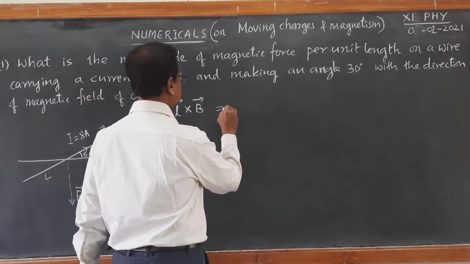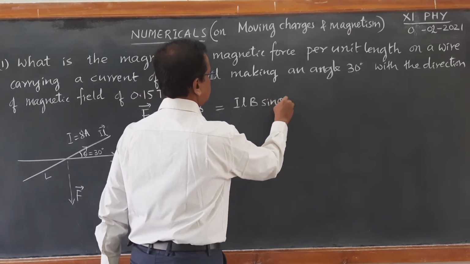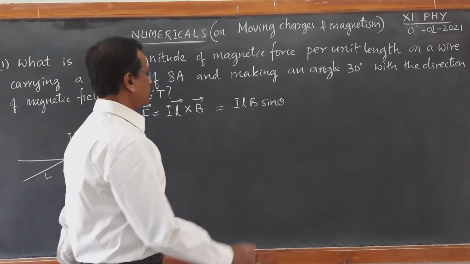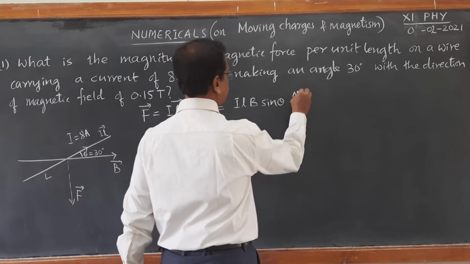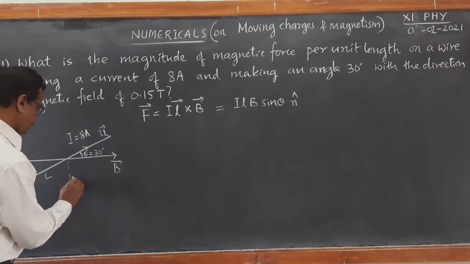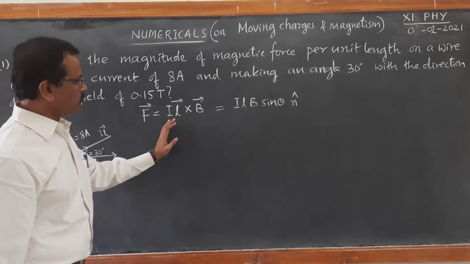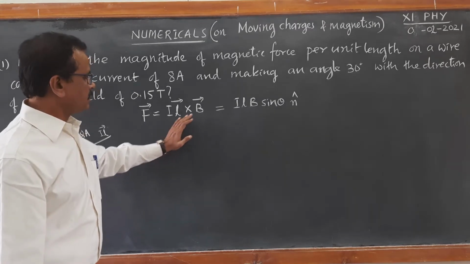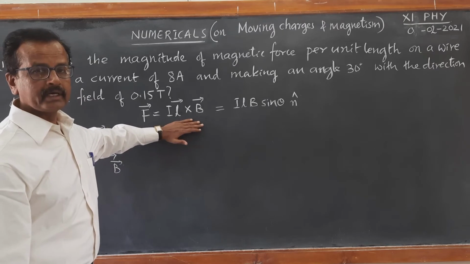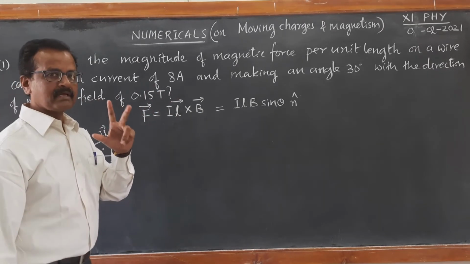So this gives you ILB sin theta according to the definition of cross products into unit vector N. This unit vector N gives you the direction of the force. The unit vector N is along the direction of force, which is perpendicular to both current element vector as well as magnetic field vector. It is perpendicular to the plane containing IL vector and B vector. So that's how we find out using Fleming's left hand rule.